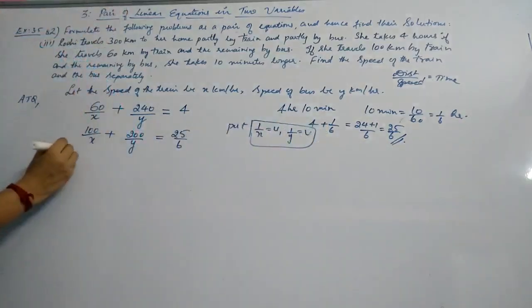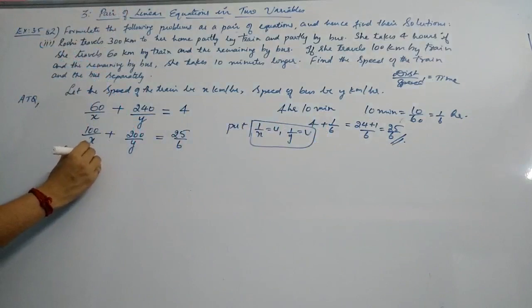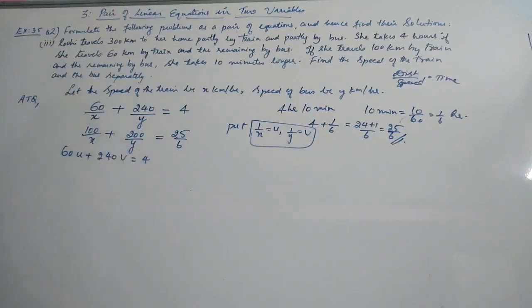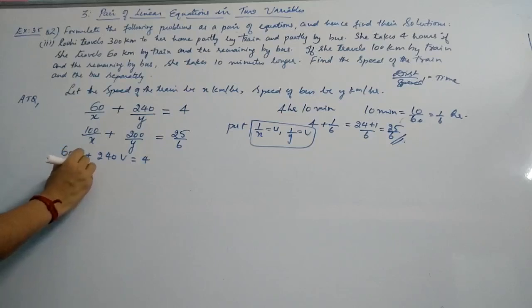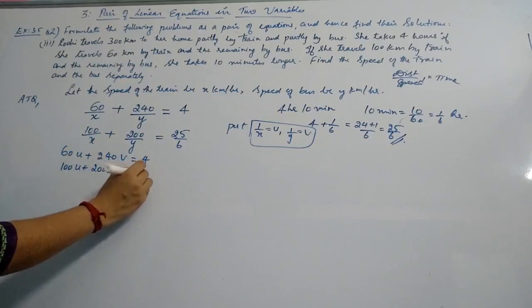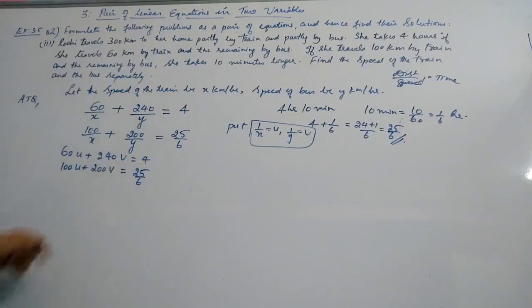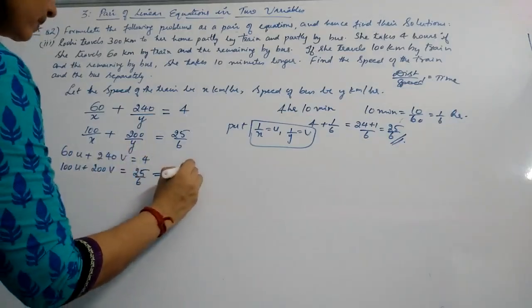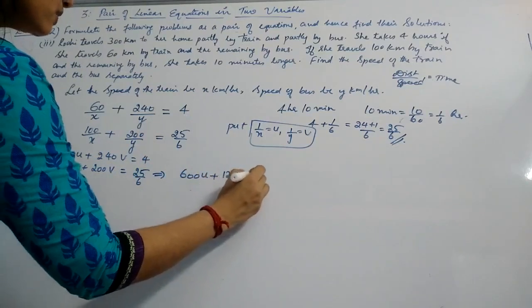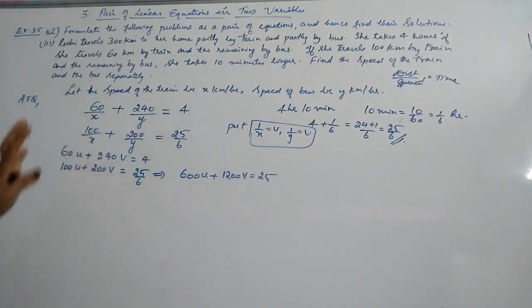Okay, so this will become 60u plus 240v is equal to 4, and the other one will give you 100u plus 200v is equal to 25 by 6. Now again with this 6 going there will give you 600u plus 1200v is equal to 25. If you want, you can just reduce and write also.